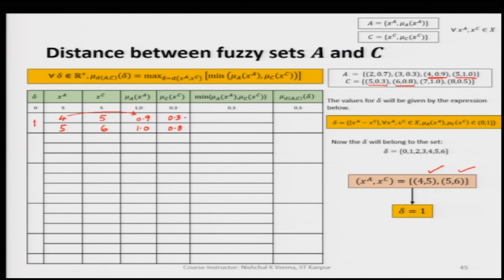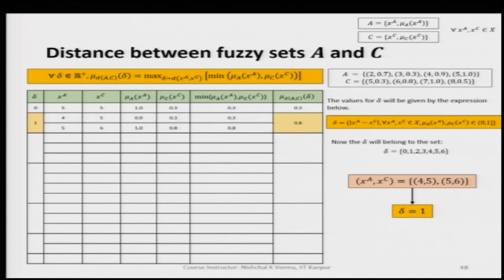Now if we take the minimum of these two we get 0.3, and the minimum of these two we get 0.8. When we take the maximum of these two we get 0.8. This is how we are able to enter the values corresponding to delta is equal to 1.